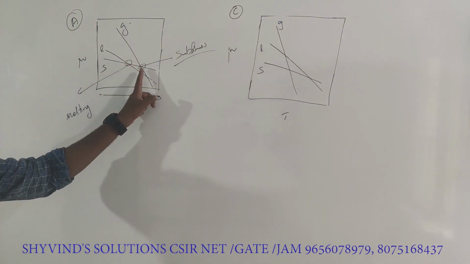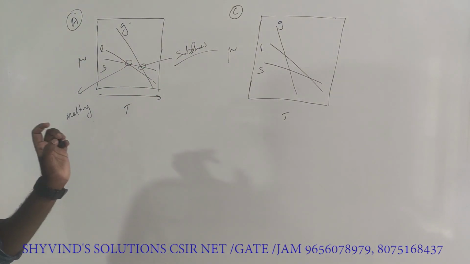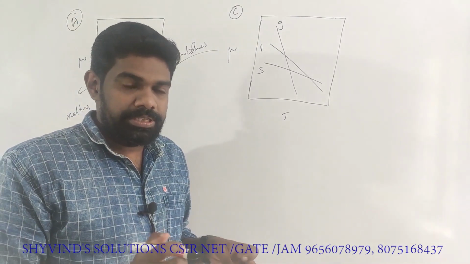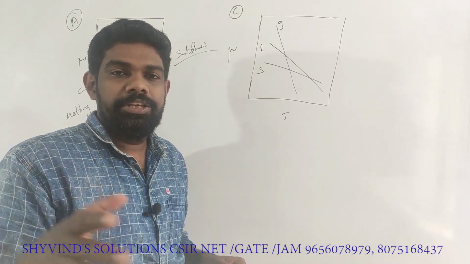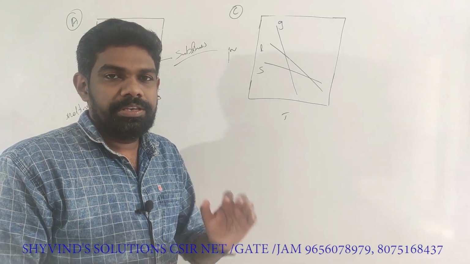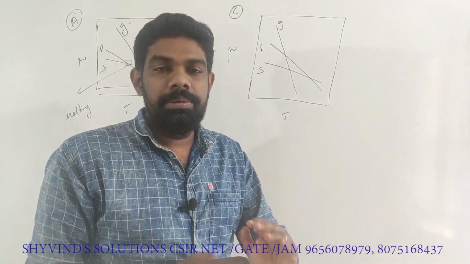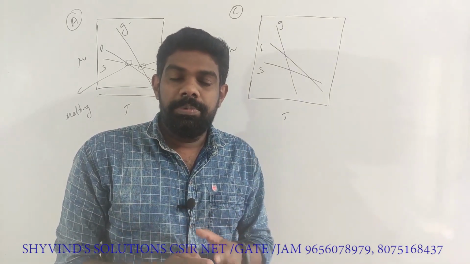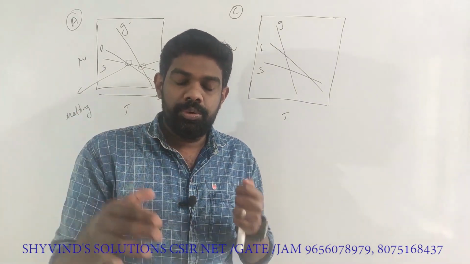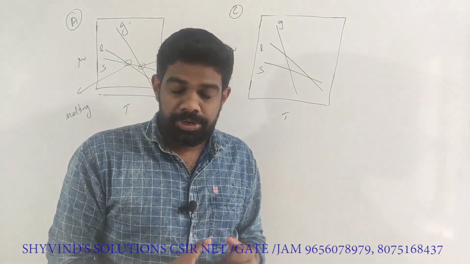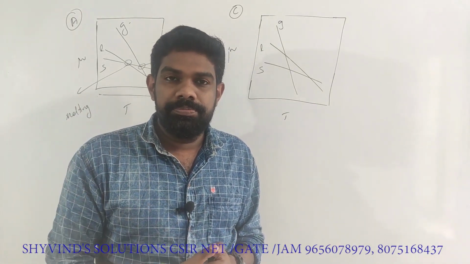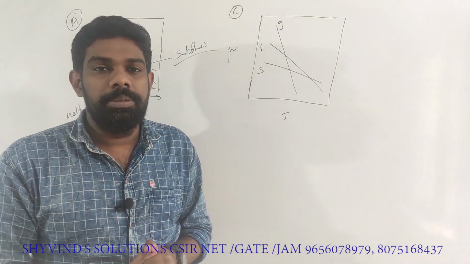Okay, so this is the sublimation point, this is the melting point. Normally, when we heat a solid, first it converts to liquid and then to gas. That is the usual procedure. But during sublimation, what happens? Without going into liquid, a solid directly converts to gas. That transformation is known as sublimation.